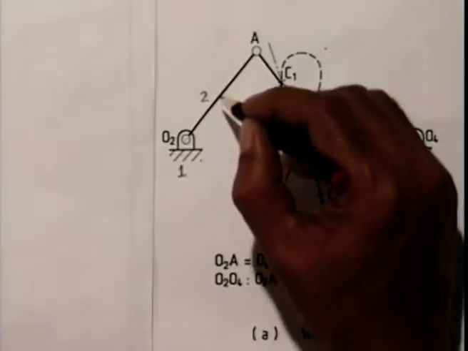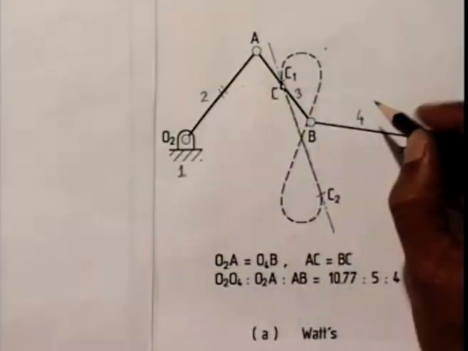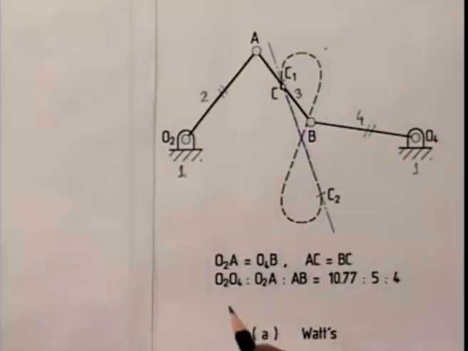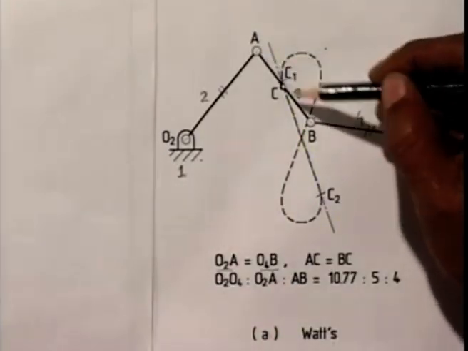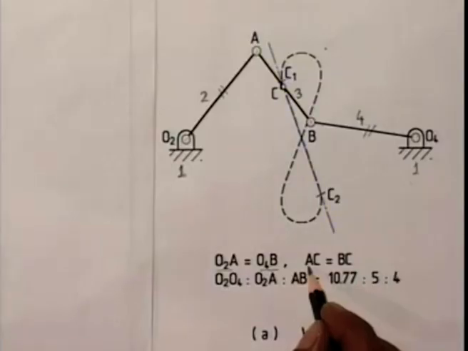In this linkage, the length of O2A is the same as that of O4B. O2A is equal to O4B. C is the midpoint of the coupler AB, that is, AC is equal to BC.